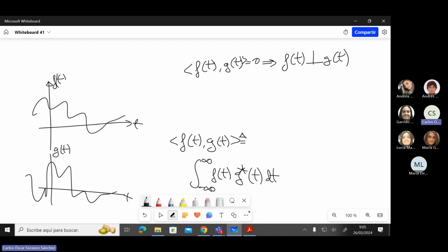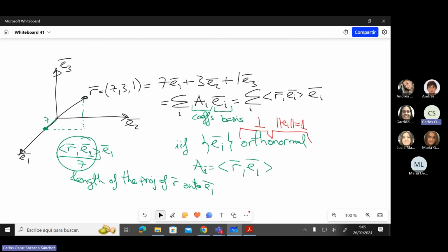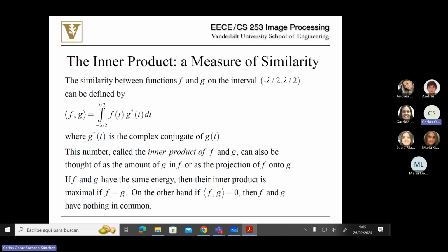Now we can define when two functions are orthogonal. And one of the properties that we will require later is this one: the bases have to be orthonormal. Okay, good. So f and g have an inner product of 0 when f and g don't have anything in common.